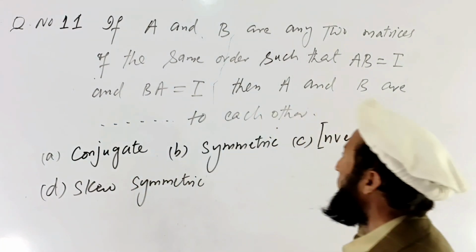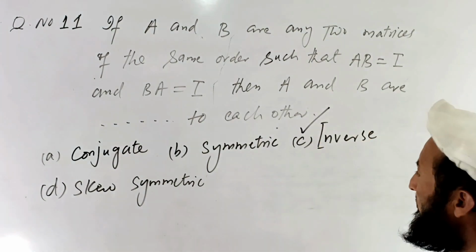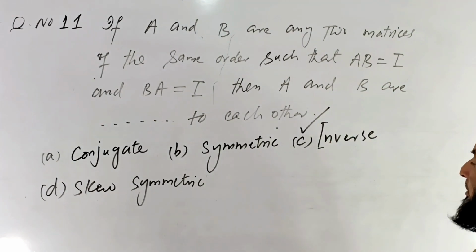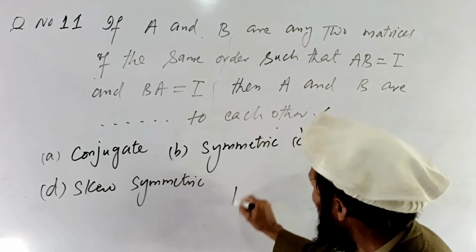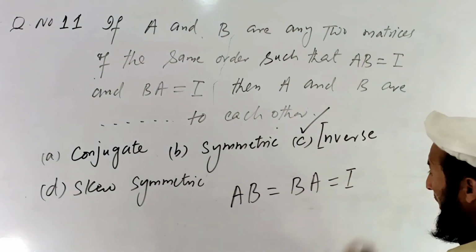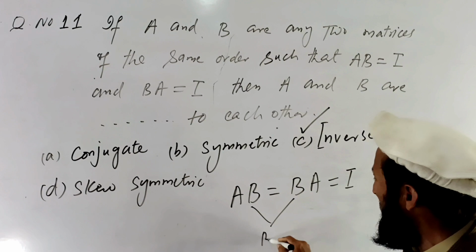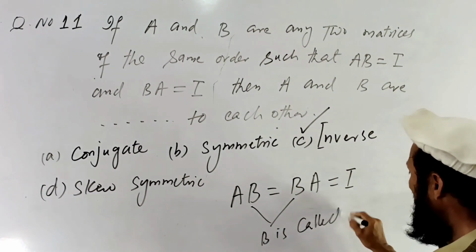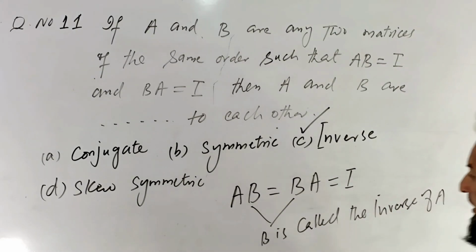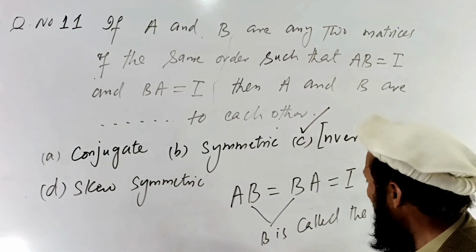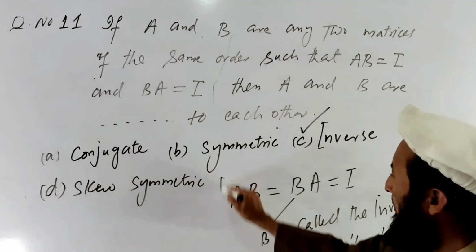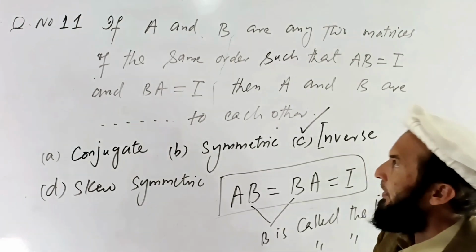So the correct answer is part C. If A and B are two matrices of the same order such that AB is equal to BA is equal to the identity matrix, here B is called the inverse of A, or A is called the inverse of B. That is the property we have already discussed in matrices.